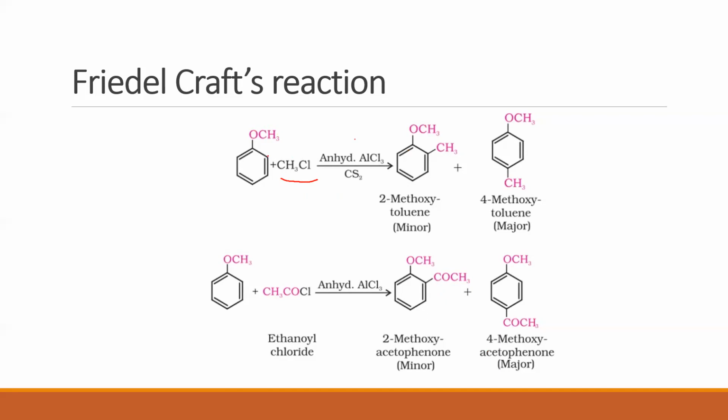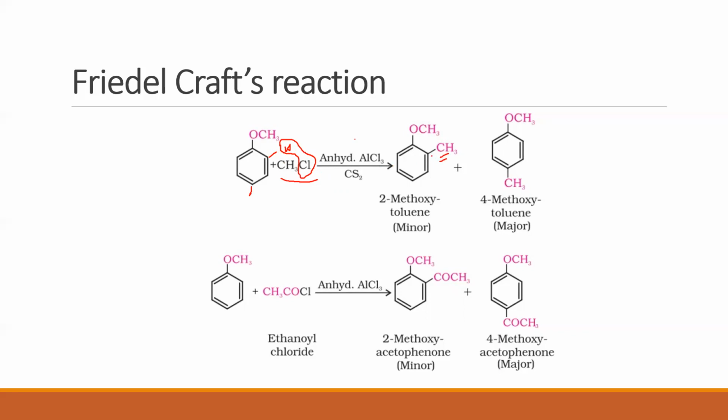So what happens? Hydrogen at either ortho or para will be removed with Cl. If I have hydrogen here, it will be removed with Cl to go out as HCl. In place of that hydrogen, who gets substituted? CH3 gets substituted, which is what is seen here.